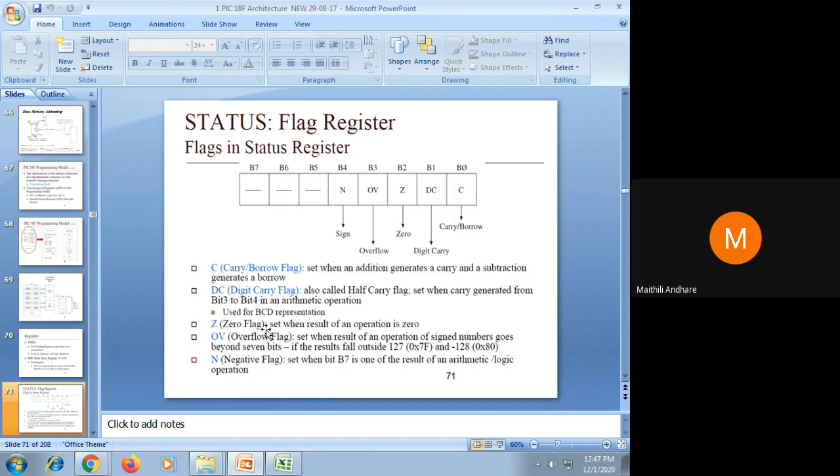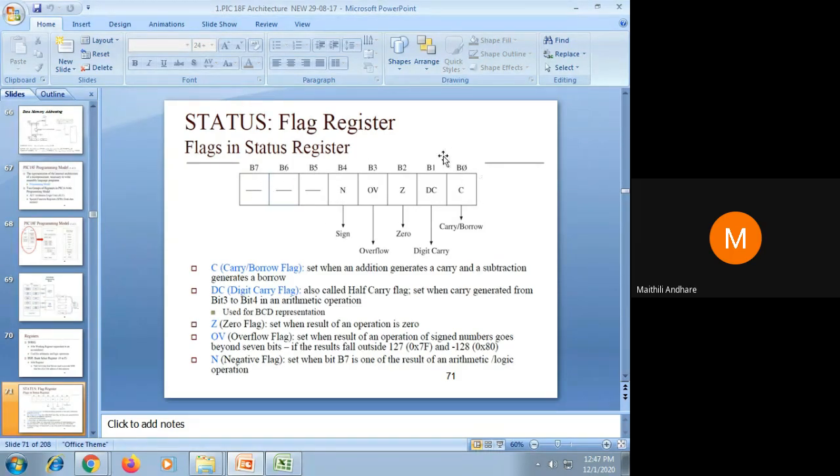Again, the zero flag: when the result of the operation is zero, this flag gets set. Overflow flag: when the answer is greater than the limit of the 8-bit size, the overflow flag gets raised. And this is the negative flag. All of you know negative numbers depend upon the MSB, so this flag gets raised. This is a very, very important register.